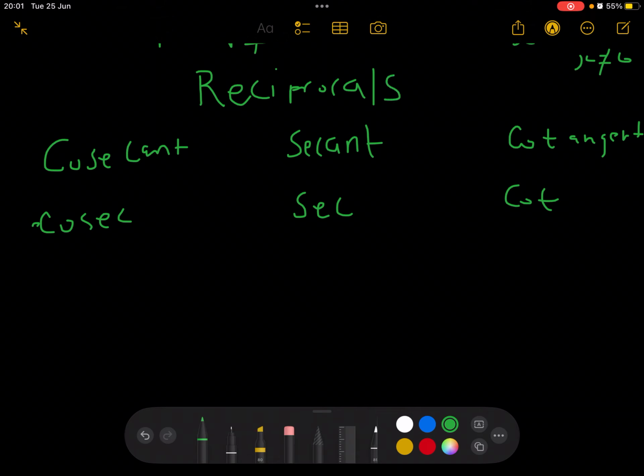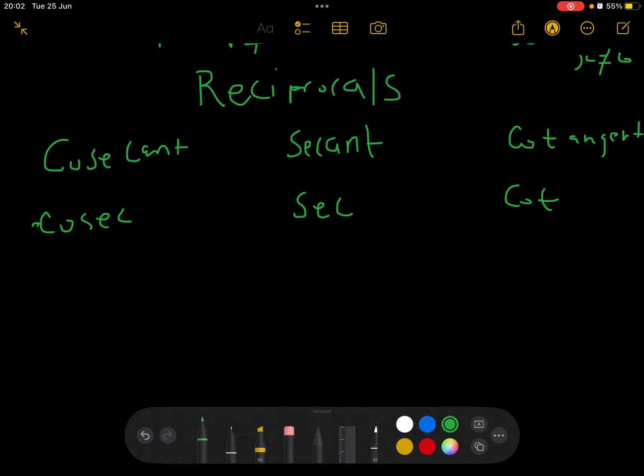If I were to check a dictionary's definition of a reciprocal, let me quickly do that. A reciprocal is simply dividing 1 by a given number or a given value.